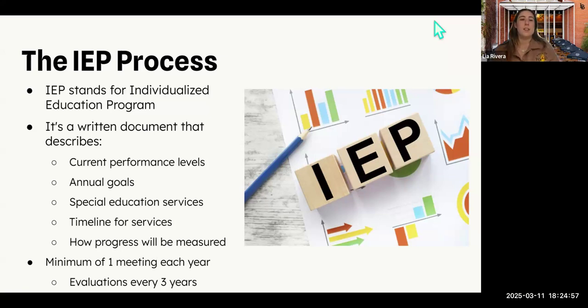Another key thing that is important in these IEPs is that it highlights the student's strengths as well as their weaknesses. At minimum, these meetings should occur every year, but the evaluation for the IEP should be every 3 years.